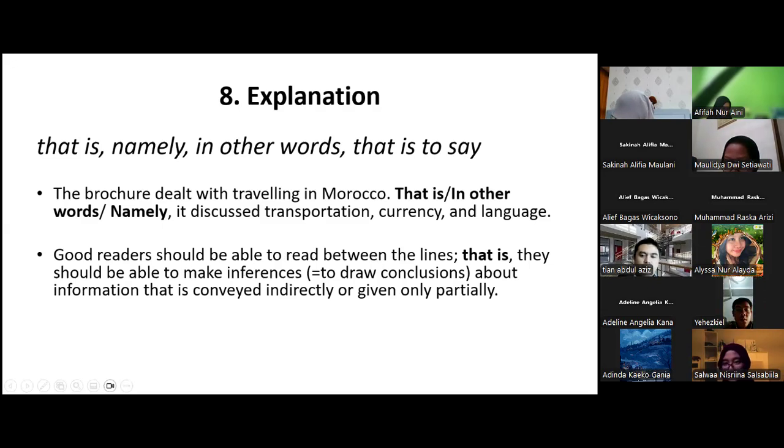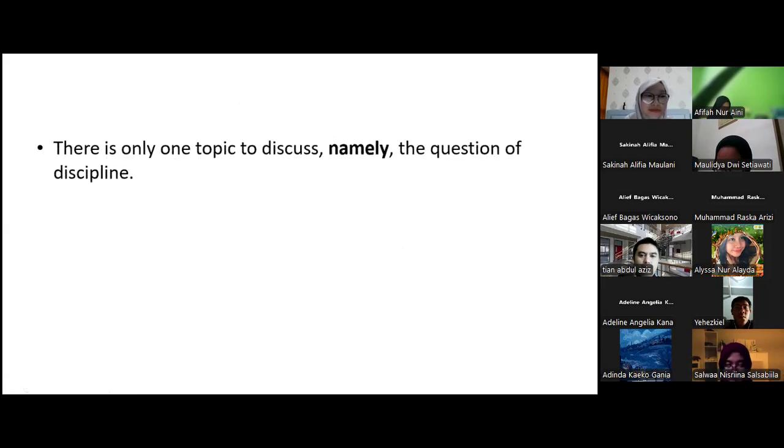So the second sentence might help to give more explanation about the first sentence. That is, they should be able to make inferences. The synonym of inferences is to draw conclusions about information that's conveyed indirectly or given only partially. Okay, thank you, Alisa.